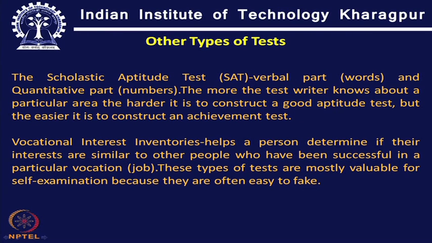Scholastic aptitude tests and vocational interest inventories help a person determine if their interests are similar to those of people who have been successful in a particular vocation or job. It is better to use a test battery to measure the personality pattern of an individual rather than a single test to reach a conclusion.